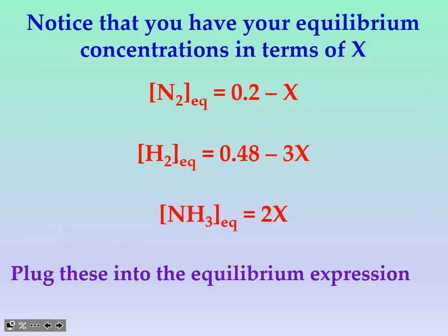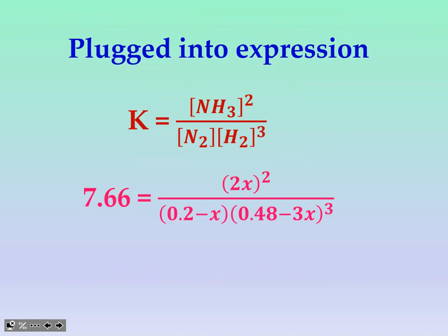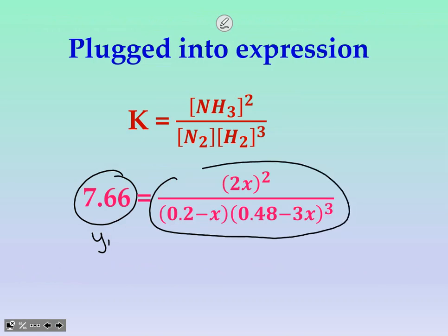So we have to plug into our calculator now. Here are our concentrations. Plug it in following the expression. This goes in as Y1. This one goes in as Y2.